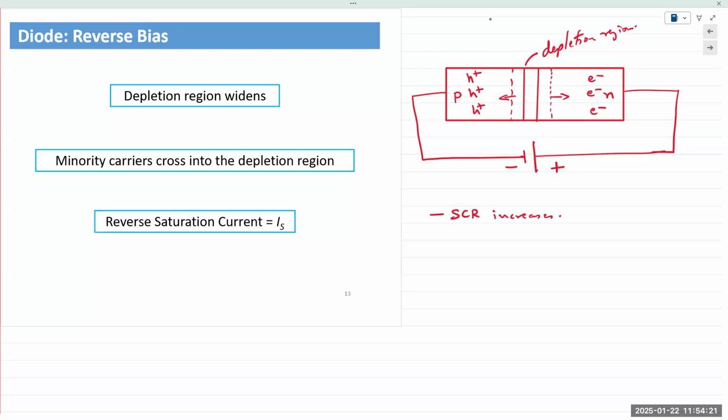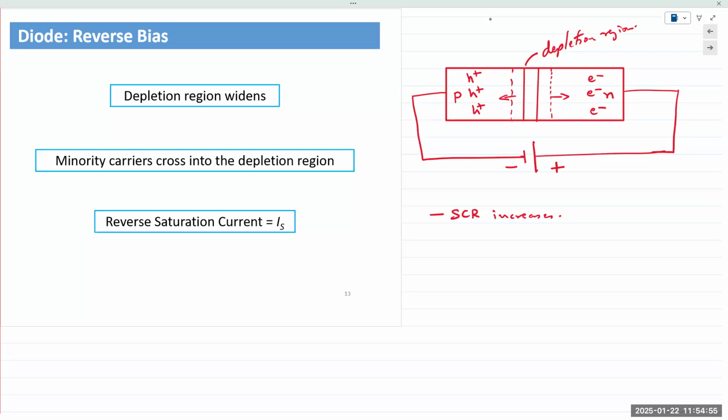Now, theoretically, we would say it would continue indefinitely, but that's not what happens. At a certain point, the electric field that is being applied would exceed a certain amount that it can withstand, and the junction would actually break down because there are so many ionized charge carriers being generated that now they will actually cross over in the reverse direction. And a large amount of charge carriers will flow through.